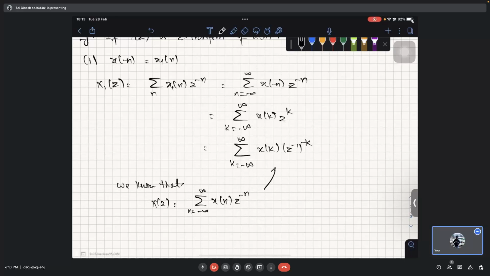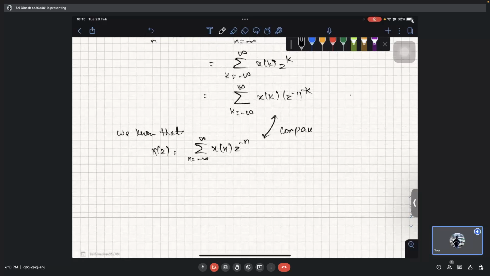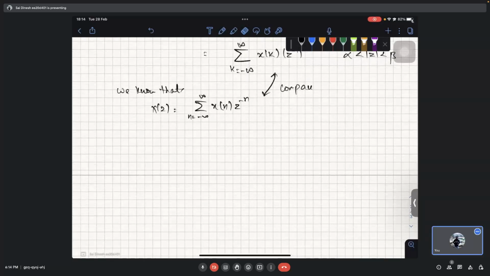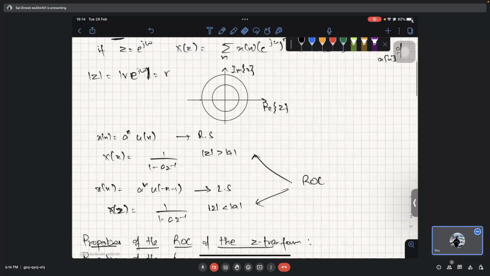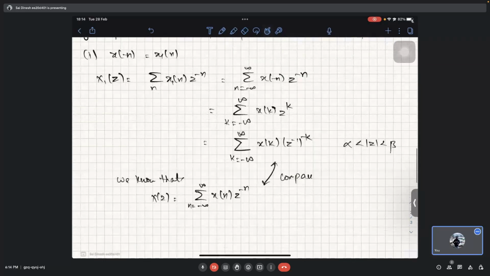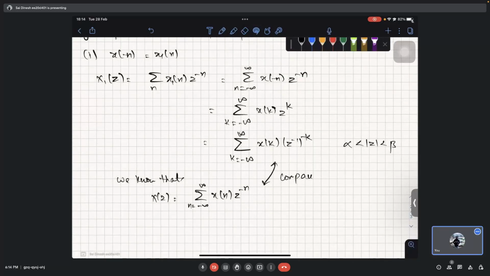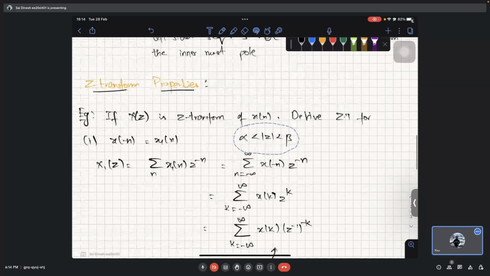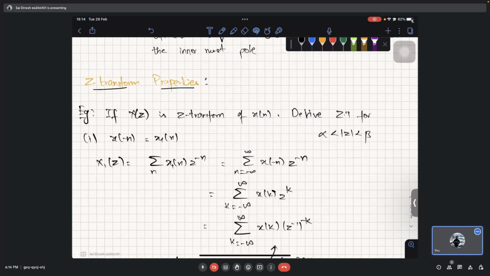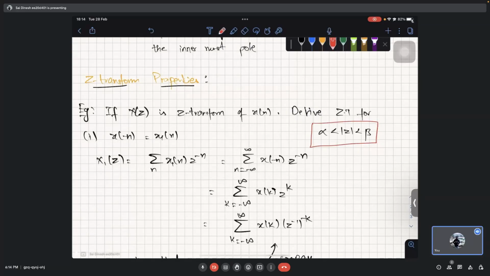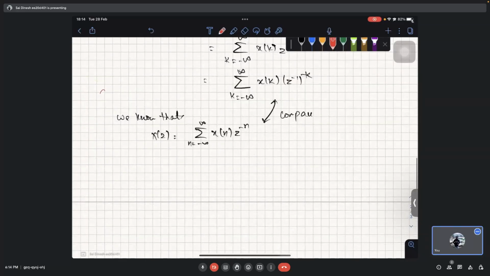So if we compare, and then for example if we have ROC alpha less than |z| less than beta, right, so this is the ROC, then this has ROC.